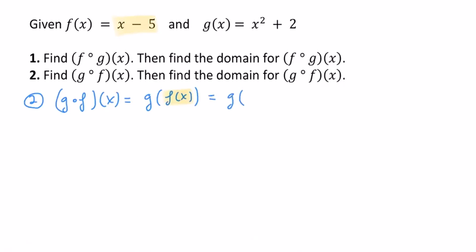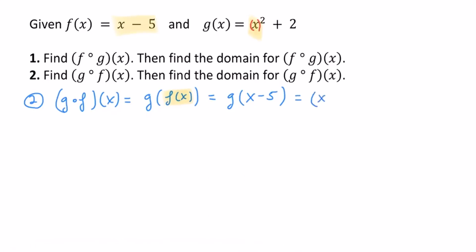So this is g of x minus 5. So that means that wherever we see the x in g, we put in x minus 5. It is again a good idea to put a little parenthesis around the x.